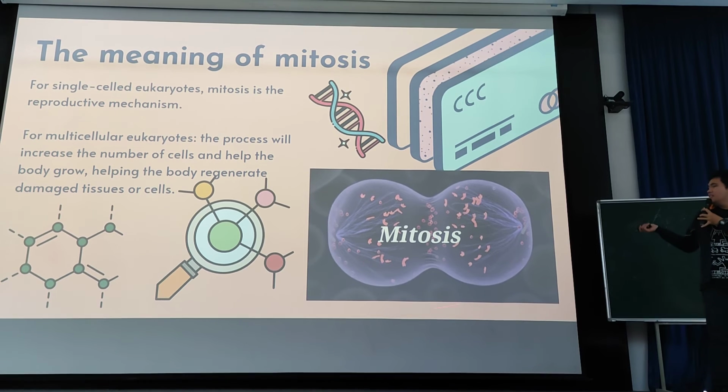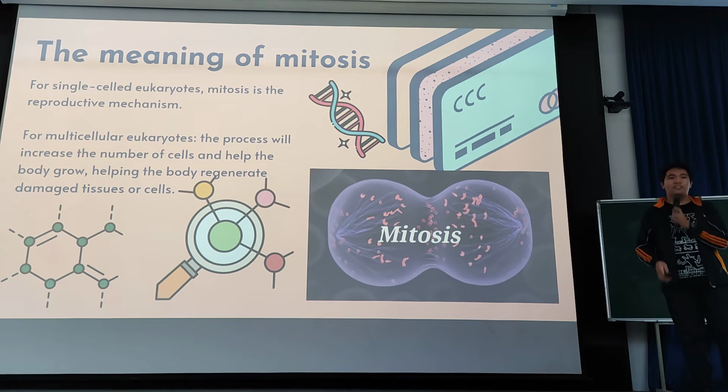As you can see in this picture, this illustrates it for you. Another thing is that for multicellular eukaryotes, the process will increase the number of cells and helps them to grow.